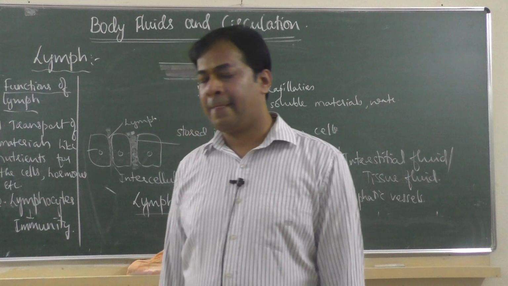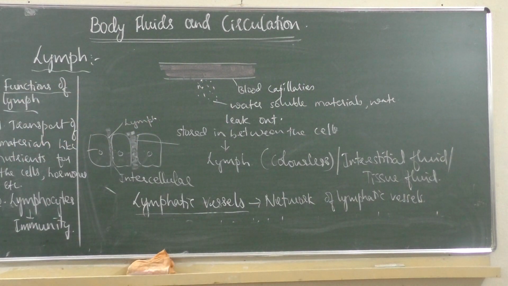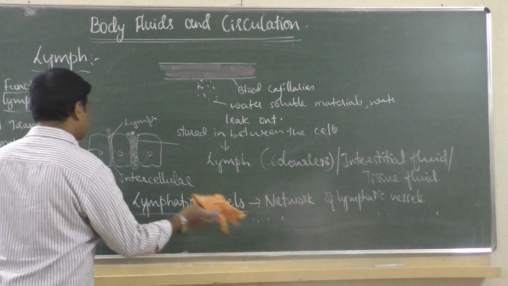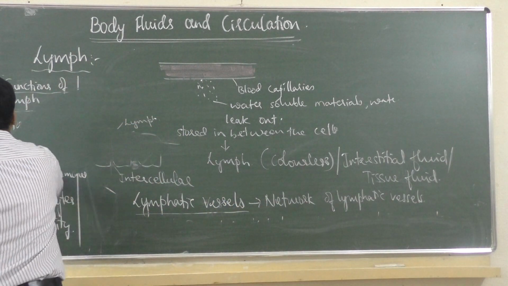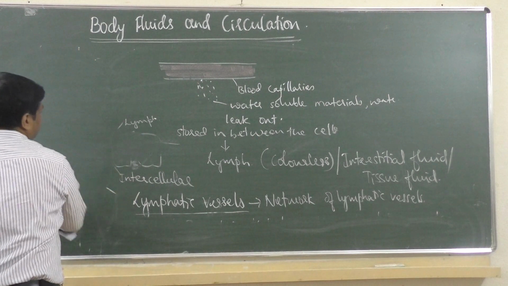So next what we have to learn is the circulatory system, or circulatory pathways. The introduction part we will learn at least today. Then in the next class we will see the human circulatory system in detail.